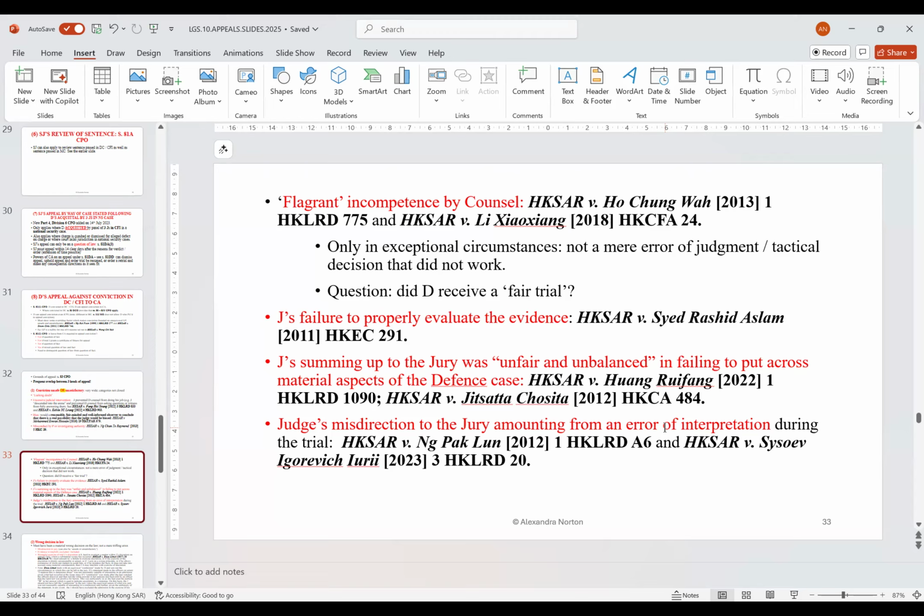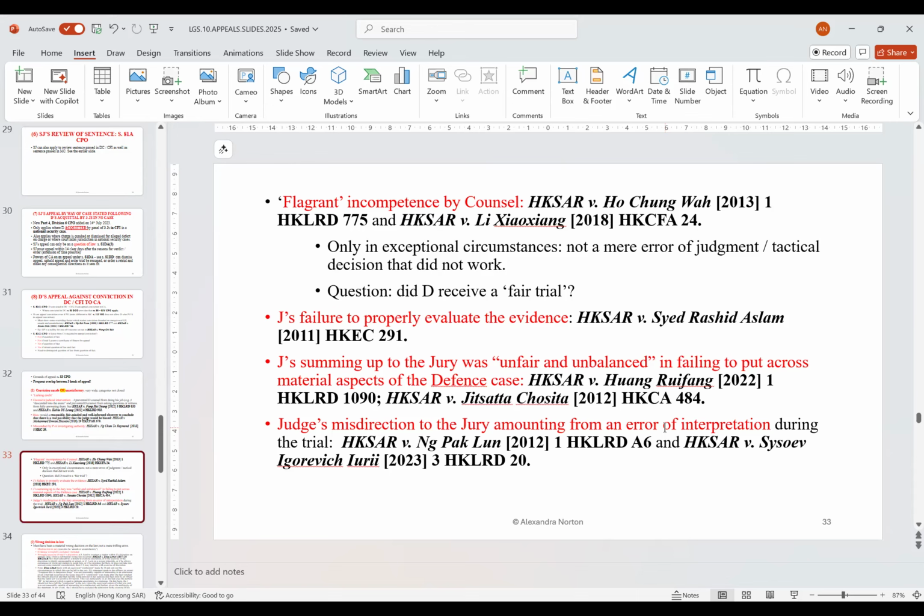But when it was interpreted to the defendant, the interpreter mistranslated it as, did he appreciate that the participants intended to cause bodily harm? And he left out grievous bodily harm. And the defendant agreed. So the judge then directed the jury that the defendant had essentially admitted committing murder. So they had to convict him.